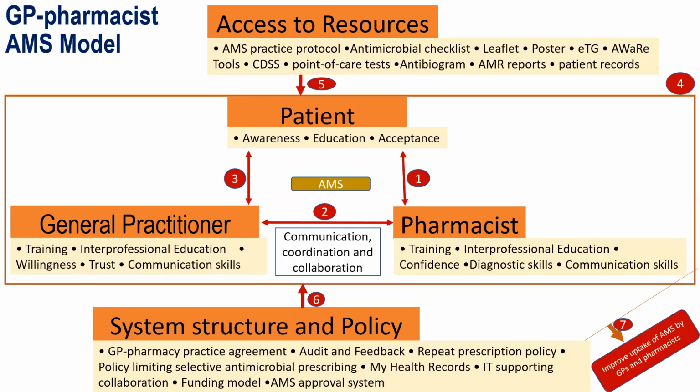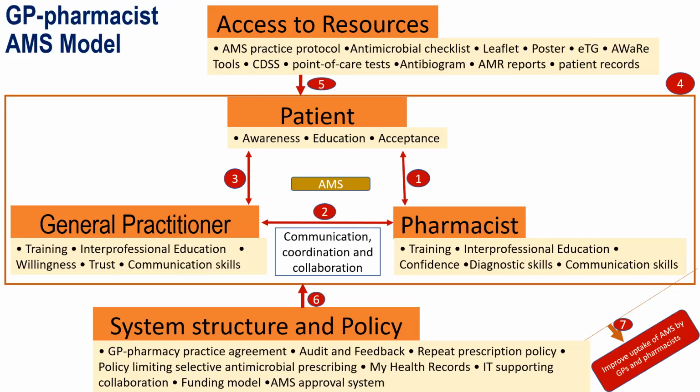The pharmacy tries to conserve antimicrobials, and in doing so, what supports are needed, especially in terms of the access to resources and the system structures and policies. In terms of access to resources, what you really need is an AMS practice protocol.